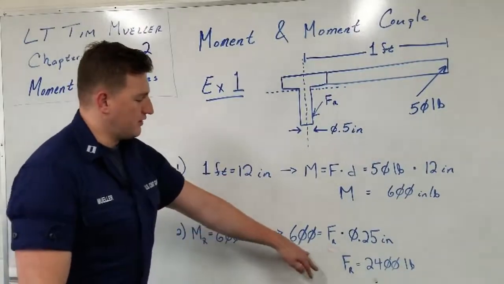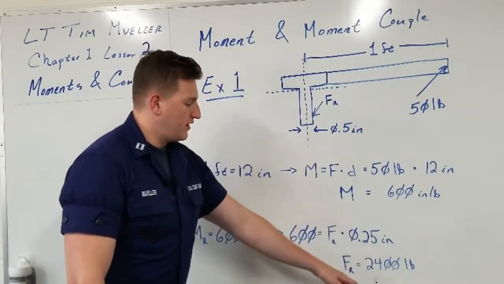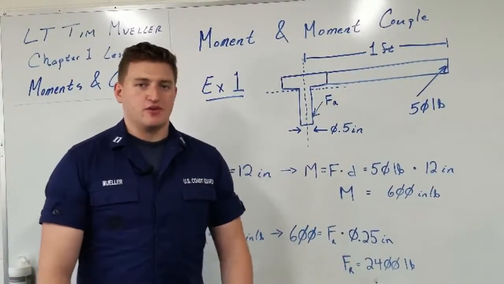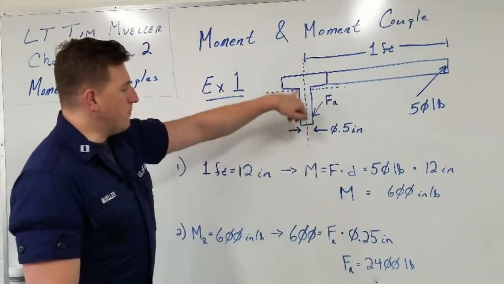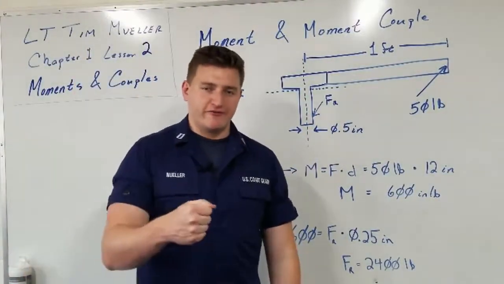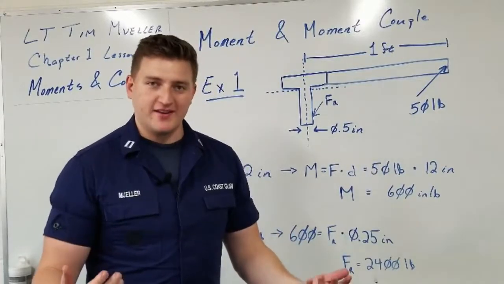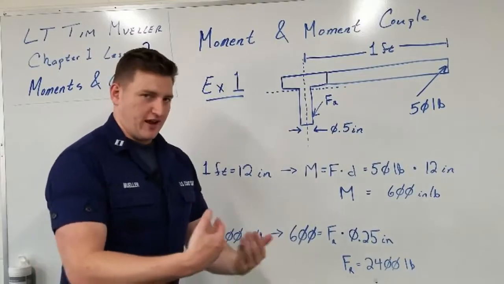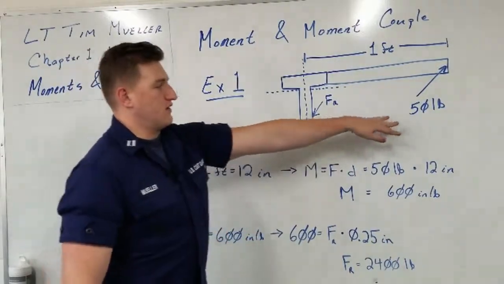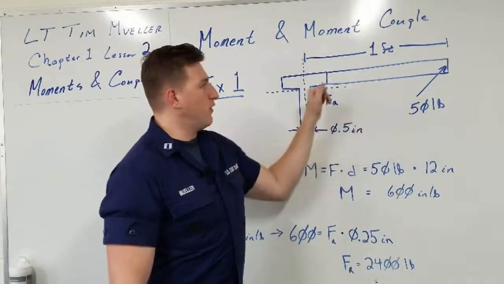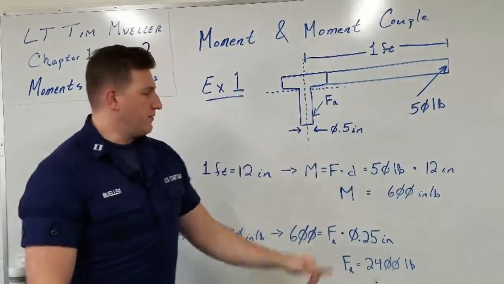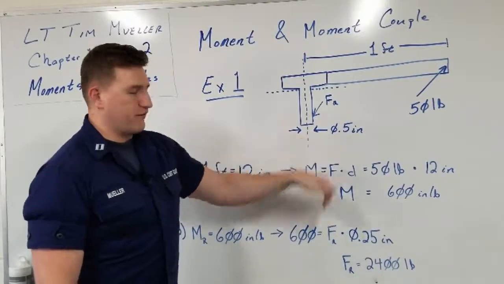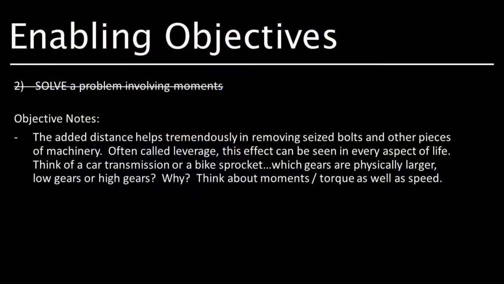So we just take 600, we divide it by 0.25, and we get the FR equals 2,400 pounds, which means that at this moment, those threads are actually forcing more than a ton of force at that small distance. Or, if you want to look at it the other way, all you have to do is exert 50 pounds of force 1 foot out to overcome a 1 ton or over 1 ton force that's acting 1/4 inch away from that axis of rotation.